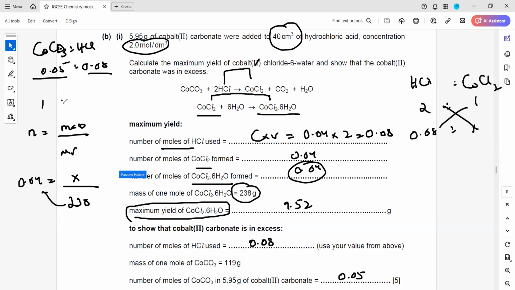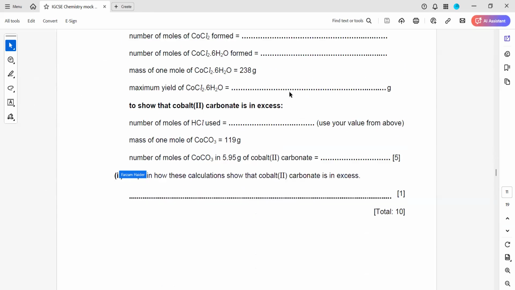So this will be 1 and this will be 1.6. So we have a ratio of 1:1.6. But according to the equation, the ratio should be 1:2. So we don't have 2 HCl, we have only 1.6 HCl. It means HCl is the limiting reagent. So whenever you want to find a limiting reagent, you always compare the mole ratio.